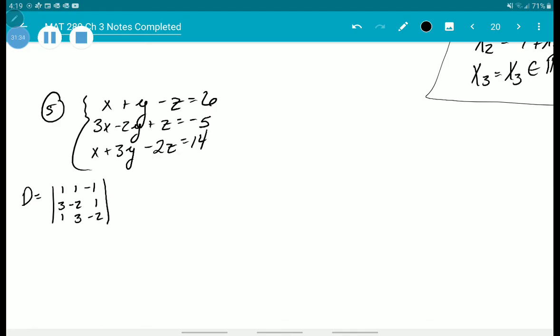So there's our D matrix. That's your coefficient matrix. The determinant, I got -3. So now we're going to find dx. We're replacing that first column.